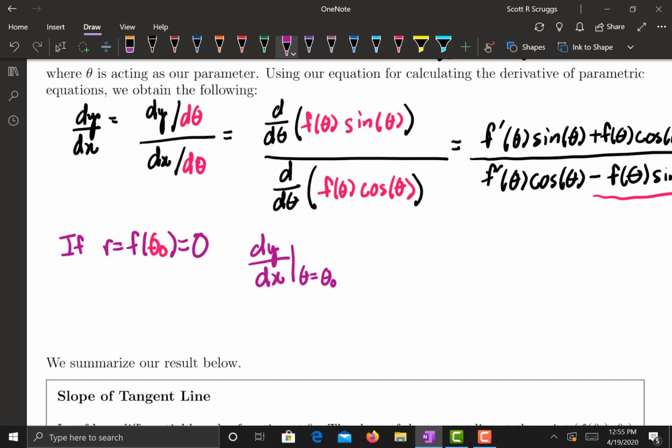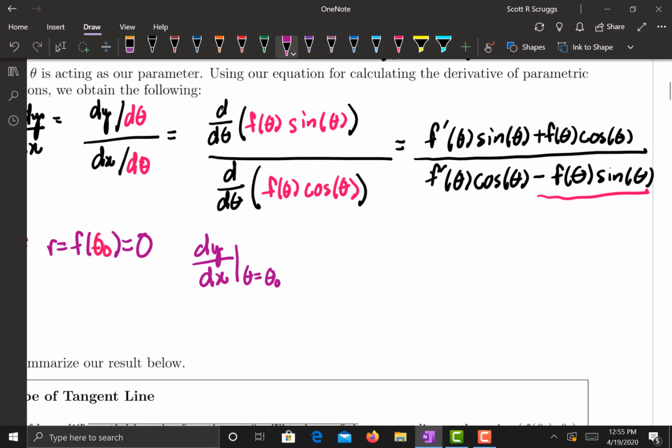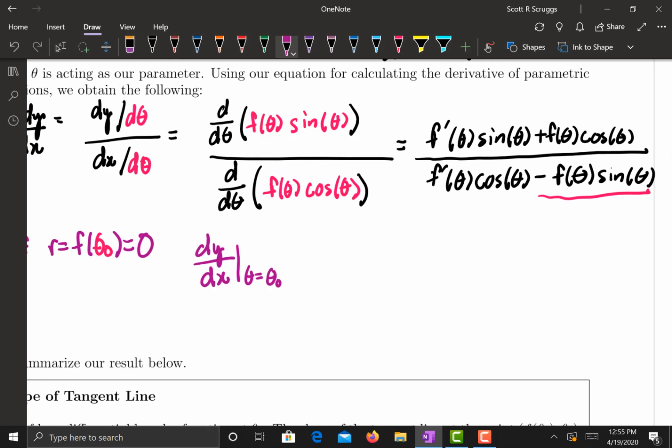Well, because I know that at theta naught, f of theta naught equals 0, then f of theta naught times cosine theta naught will be 0 automatically. Same with f of theta naught times sine theta naught, which will equal 0 automatically.